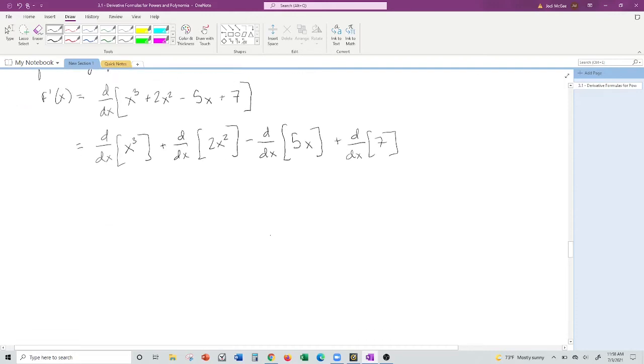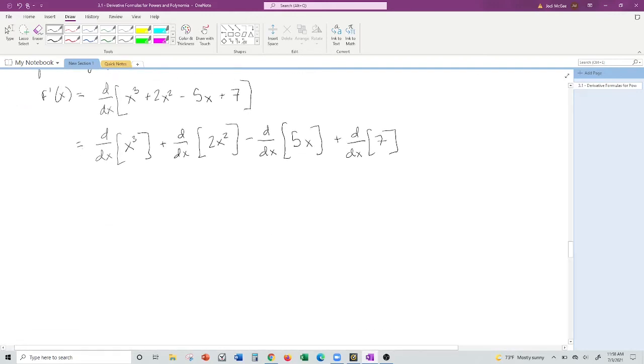So we've now broken this down into 4 separate smaller derivatives for us to handle. We have the derivative of x cubed. Well, this is going to be 3 times x raised to the 3 minus 1, which is 2.